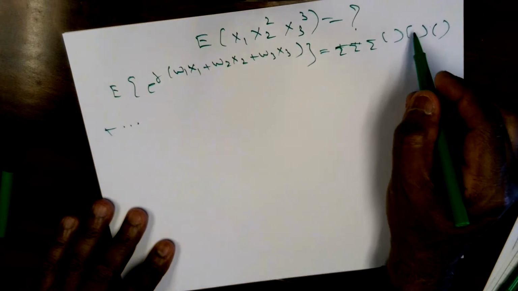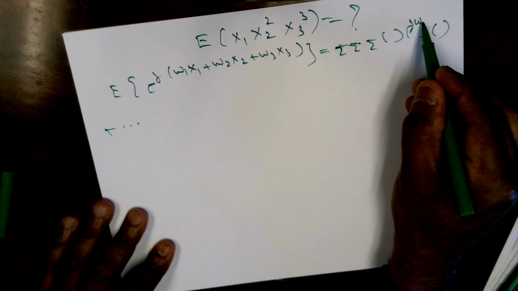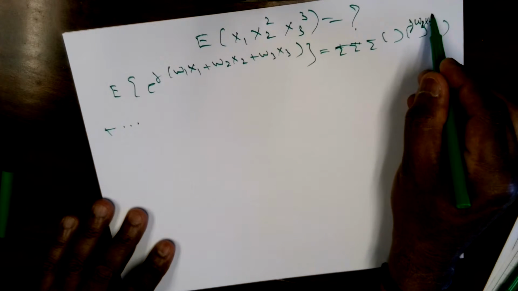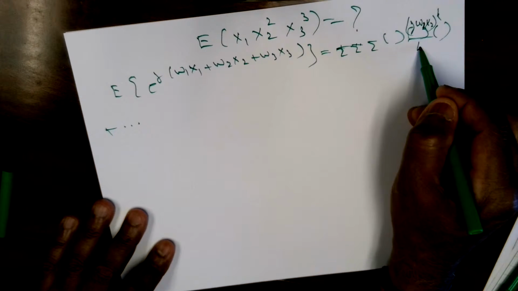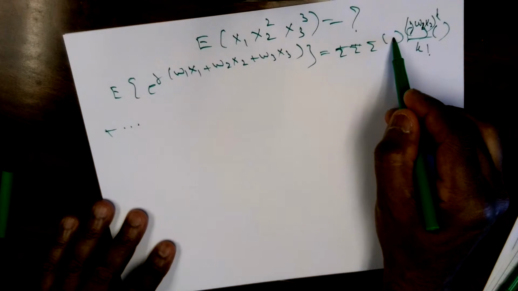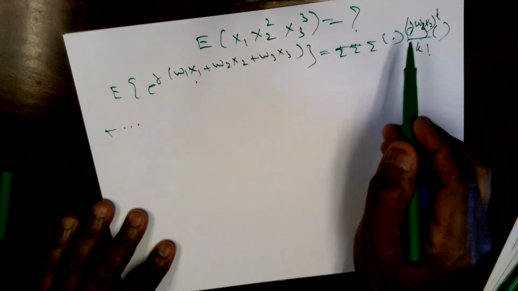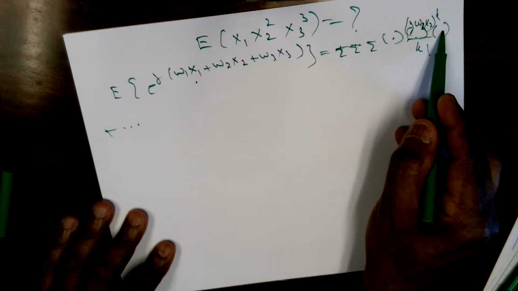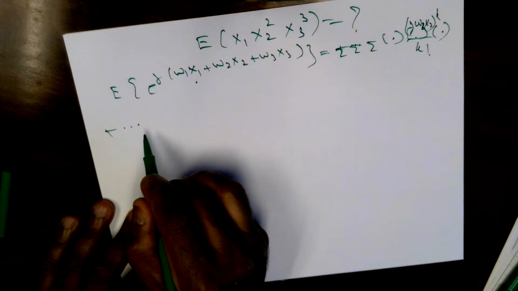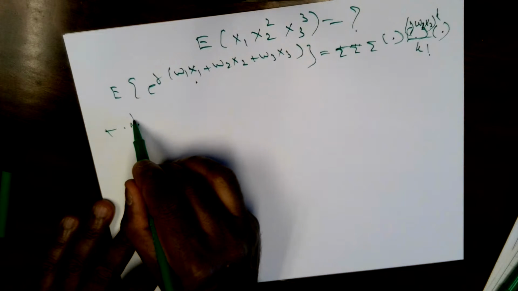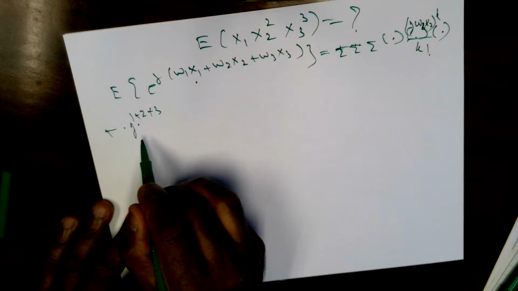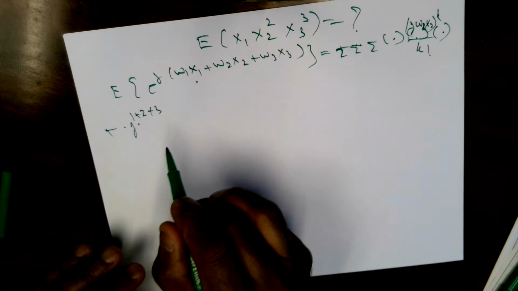Remember, each of them is going to be of the form j omega, let's say omega 2 x2, to the power k over k factorial. So here you want power 1, here you want power 2, here you want power 3. So j would be j to the power 1 plus 2 plus 3, that's j to the power 6.